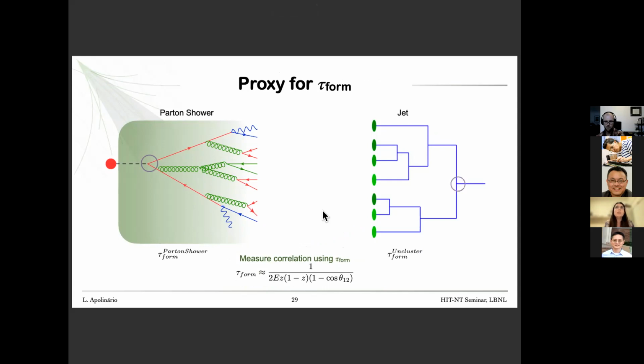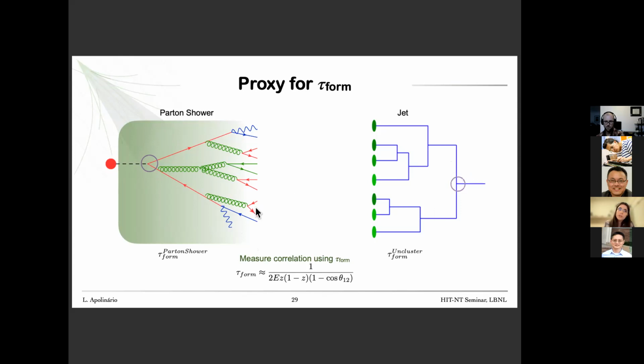So what we did to try to understand if this is in fact useful was to make a sort of bridge between what we get for the formation time from the parton shower, and what we can calculate using only jet information.